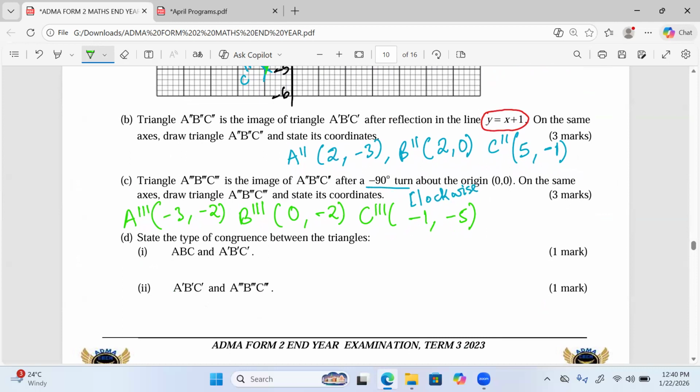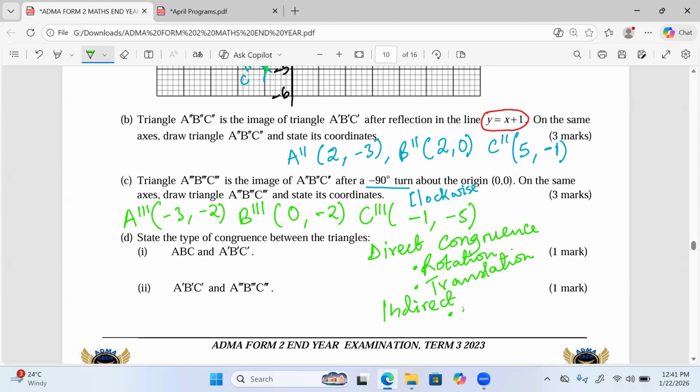One thing you're supposed to understand about congruence is that for direct congruence, the transformation usually involved is a rotation and also a translation. But for indirect or opposite congruence, we have reflection.